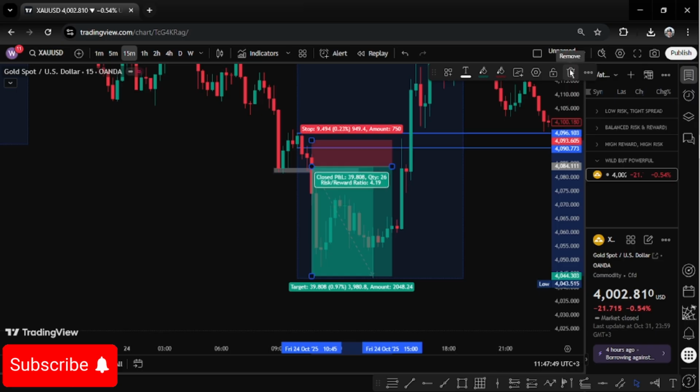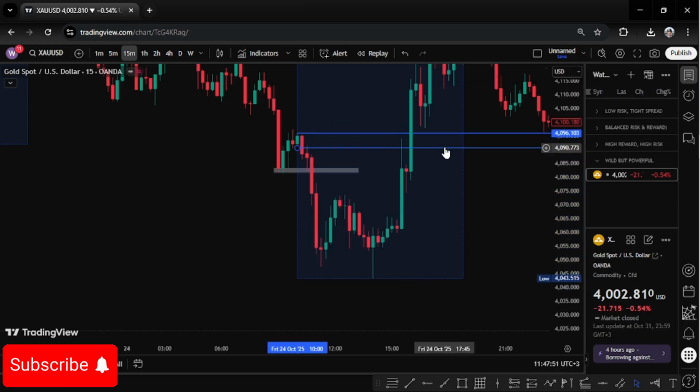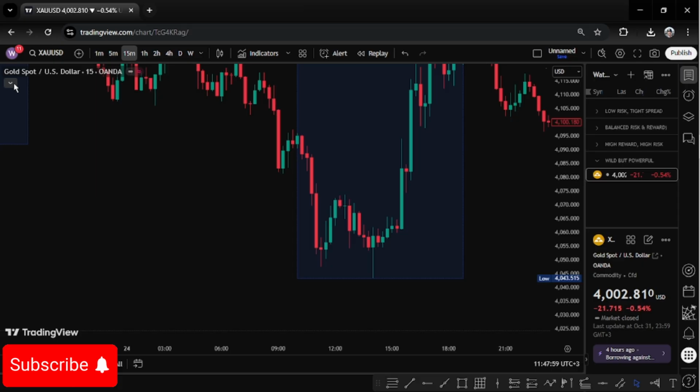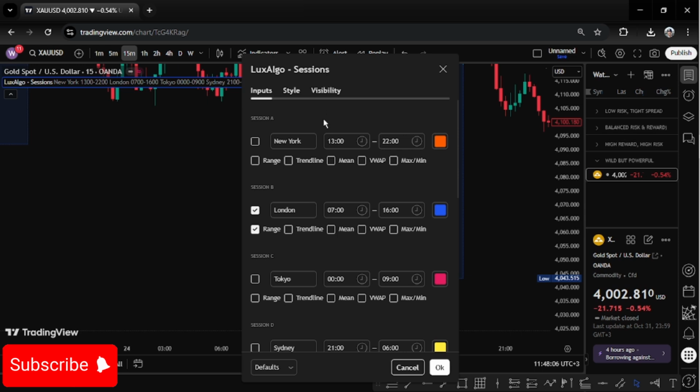You can see the next day we had a very beautiful break to the downside. Okay. So the good thing with these setups, guys, is that for a whole week you could get like 4 setups, and one setup could fail.